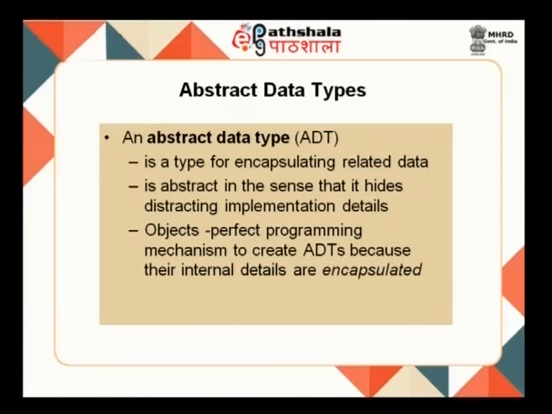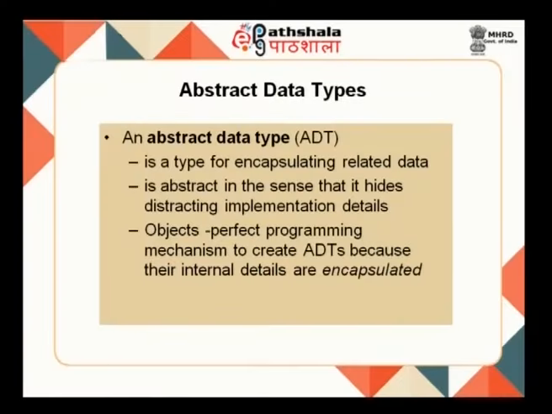So, to re-emphasize, an abstract data type or ADT is a type for encapsulating related data, is abstract in the sense that it hides the distracting implementation details, and it is a perfect programming mechanism to create ADTs, because their internal details are encapsulated.